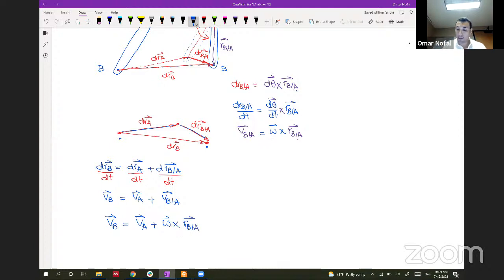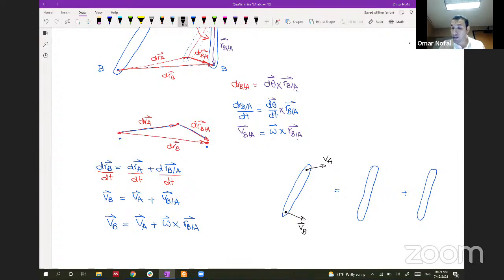So it's something like this. You have a body and two terms, and we have here, let's draw VA, and this is the VB vector. So this is a general motion. VA is moving in a direction and has a magnitude and direction different from VB. So we can divide it as a translation. All this body will be having a translation with VA down and VA here.